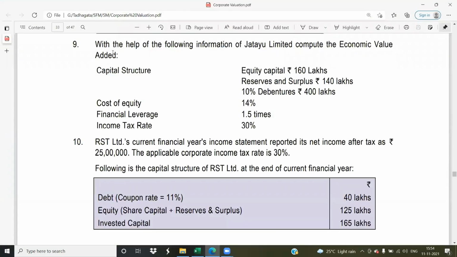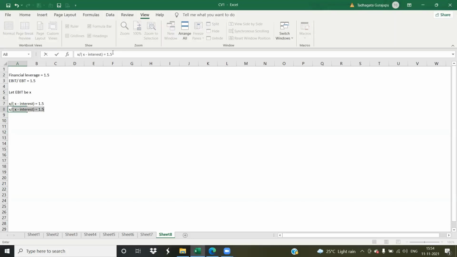It is 10% of 400 lakhs. So X divided by X minus 10% into 400 lakhs is equal to 1.5. So what is 10% of 400 lakhs? 40 lakhs. So X divided by X minus 40 lakhs is equal to 1.5.